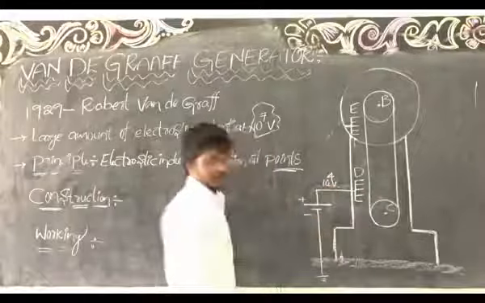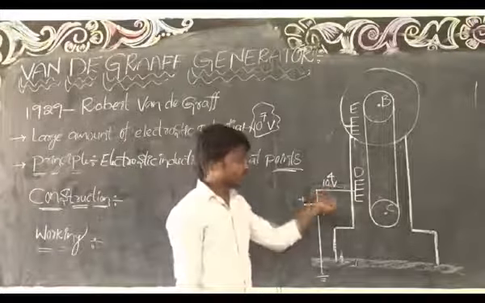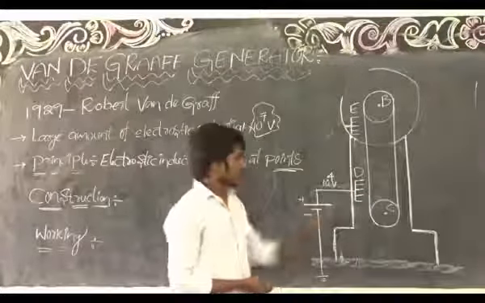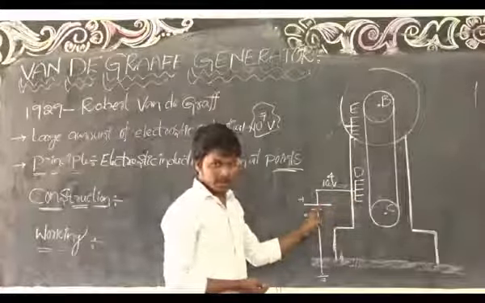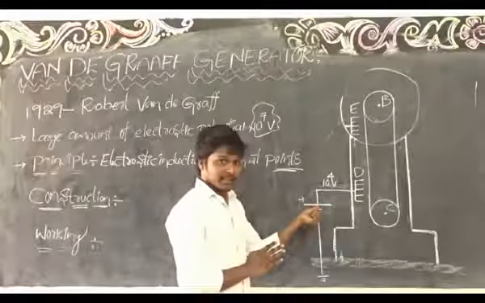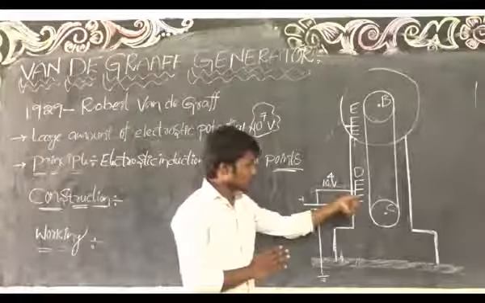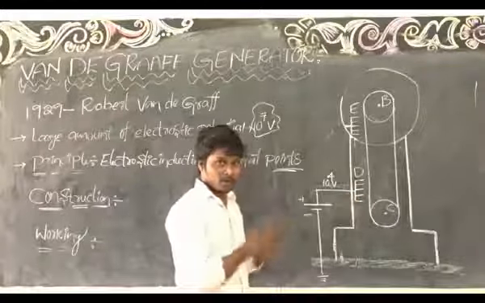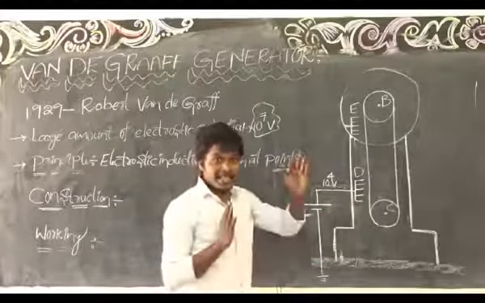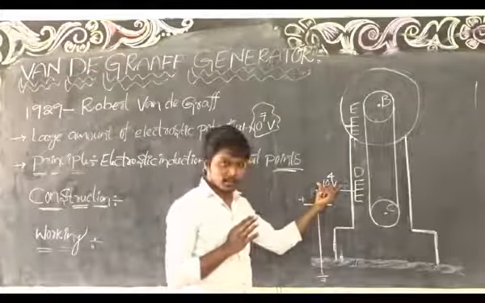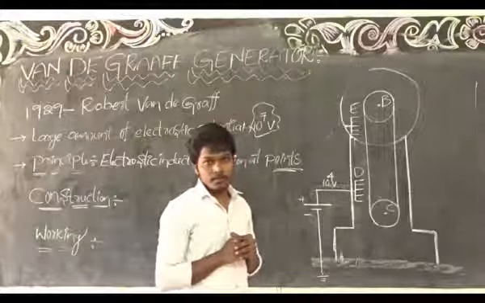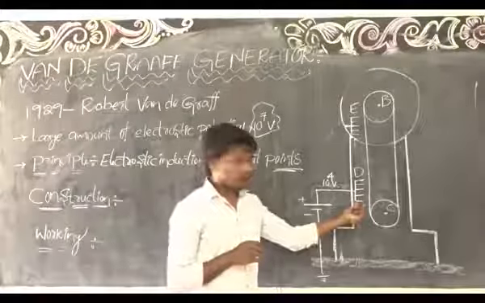The battery will send this to conductor D. This conductor D is connected to the positive terminal of the battery, so the battery will supply the positive charges to the conductor. Finally, what we have to understand here is that this conductor has positive charges, in the range of 10 power 4 volts.